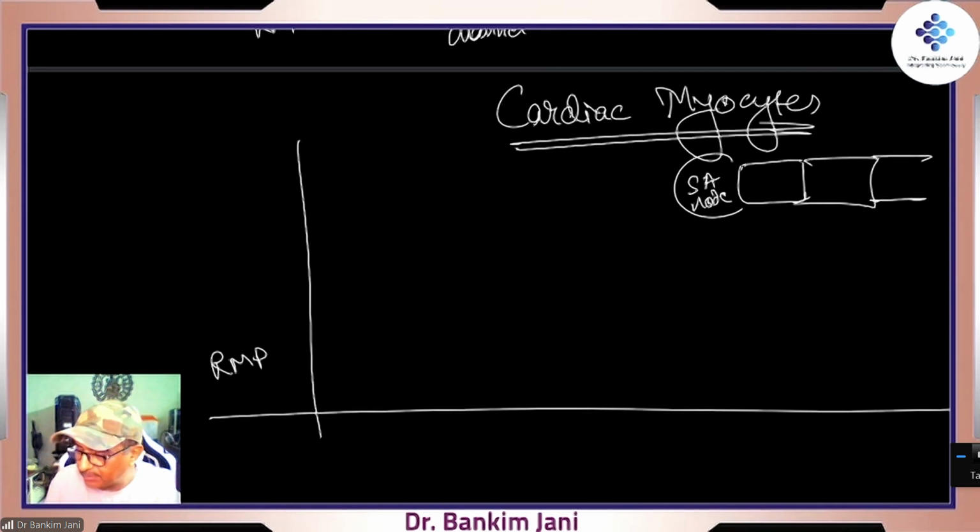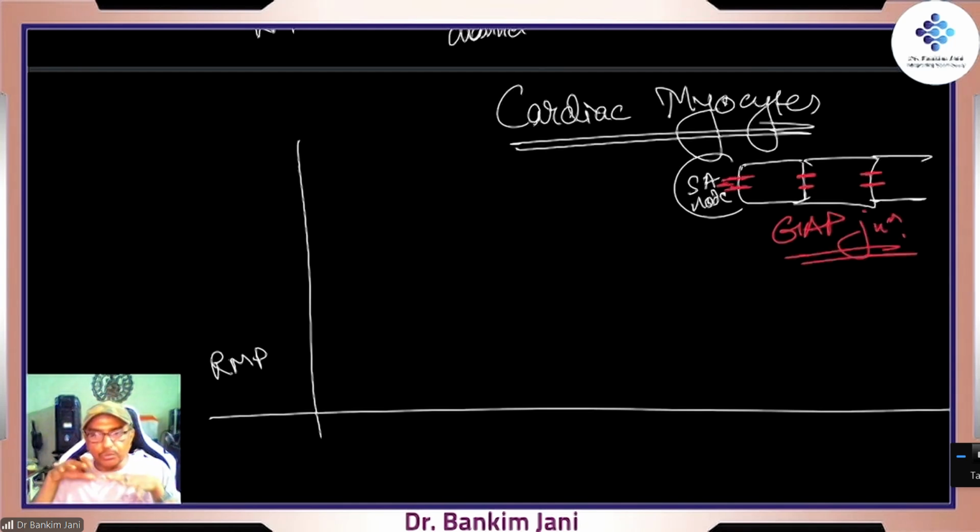So the SA node is a firing station, but there is a gap, and these are actually called gap junctions. From these gaps, all those sodium and calcium enter. Other tissues were getting stimulated by the depolarization wave, and then the channels were opening, or neurotransmitters were opening the channels.